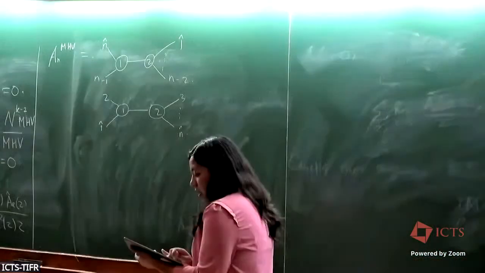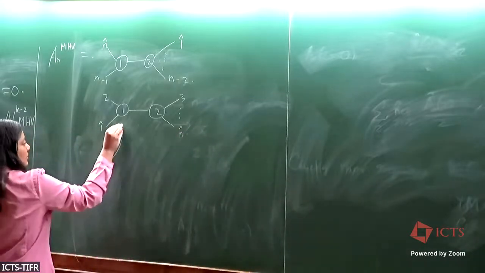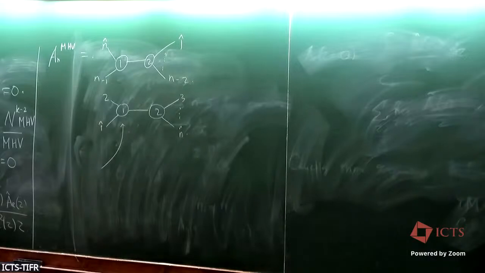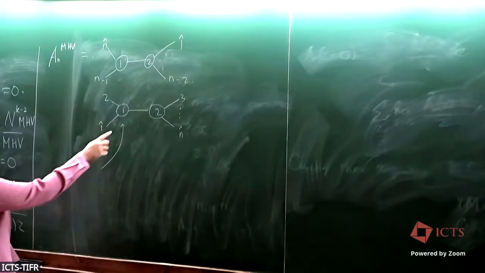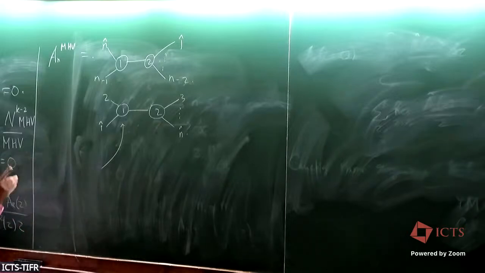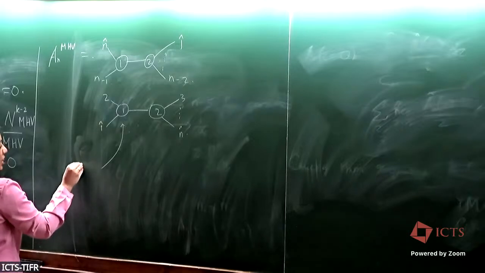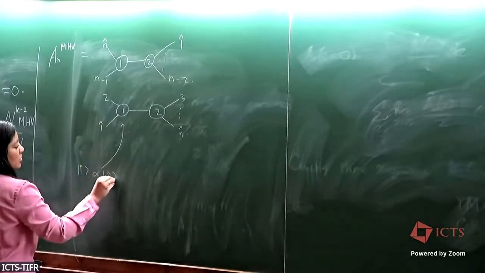Okay. So the reason is because of 3-point kinematics. Any anti-MHV 3-point amplitude has the property that all of the angles are proportional to one another. So in this case, that means that 1 hat needs to be proportional to 2.